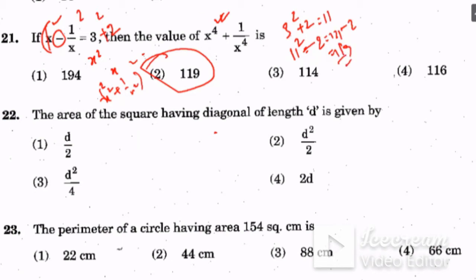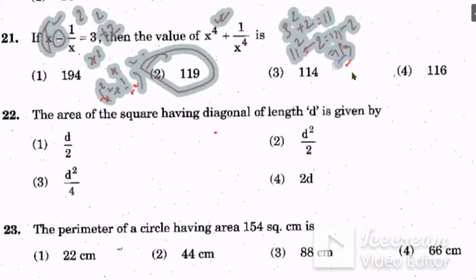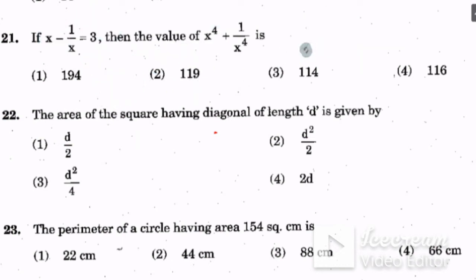Now suppose if you have positive here, if you have this question like this, then what you can do, you have to square it, 3 square, then minus 2, that is 9 minus 2, that is 7, and then again you have to square this one, and then minus 2, that is 49 minus 2, that is 47.